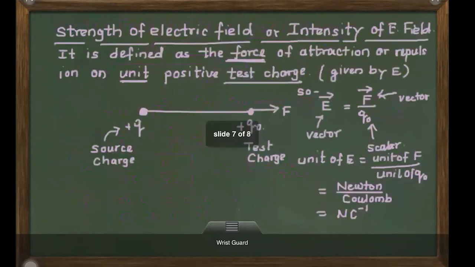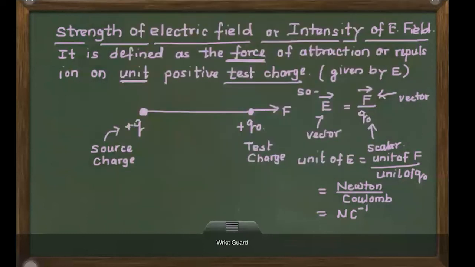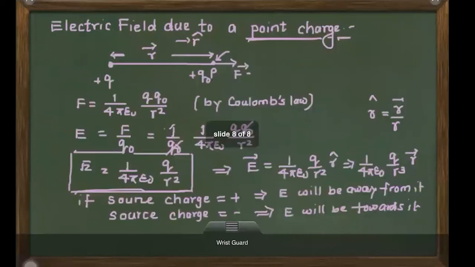Now, we have to be very careful about the direction. If your source charge is positive, the direction of field will be away from the source. And if your source charge is negative, your E will be towards it.